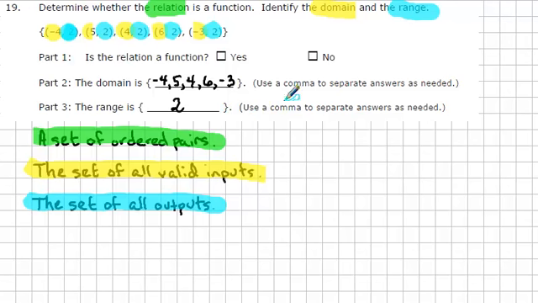Alright, so the last thing that we need to do is to identify, is this relation a function? So what does it mean for something to be a function?